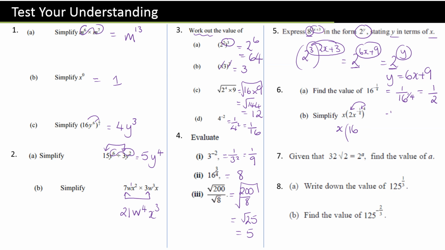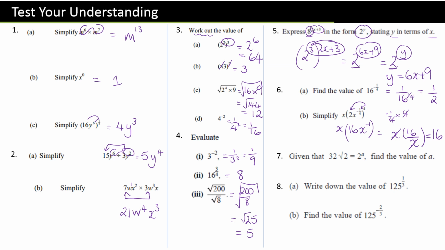So you've got minus a quarter times 4. The 4s will cancel out and you'll just have x to the minus 1. So that will equal x times 16. Now x to the minus 1 means 1 over x to the 1, and the x's top and bottom will cancel and you'll just have the answer 16.